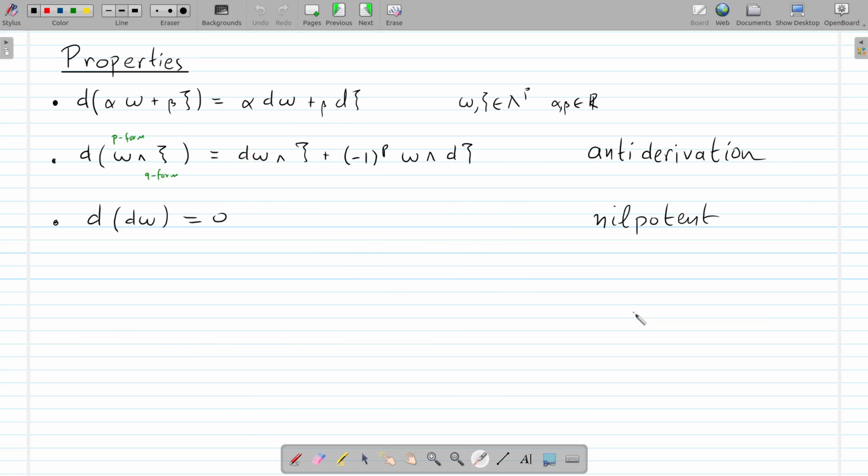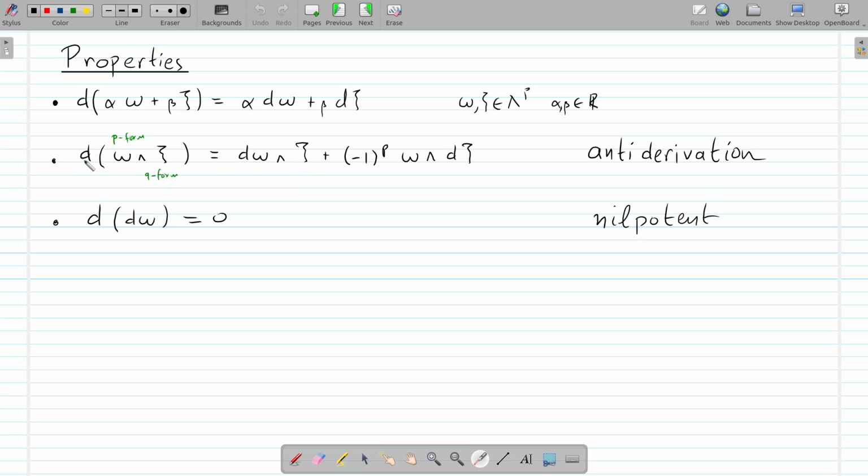Some fundamental properties of the exterior derivative, the way that we have defined it, is first of all linearity. Alpha and beta here are real numbers. And also we see that it has a kind of Leibniz rule that derivations have, but not quite.